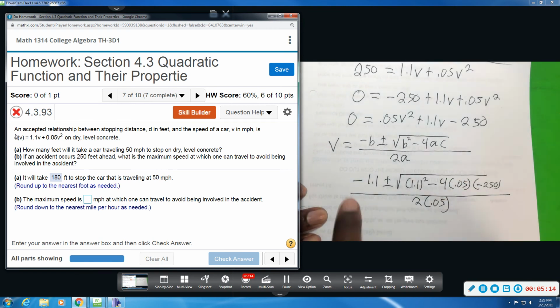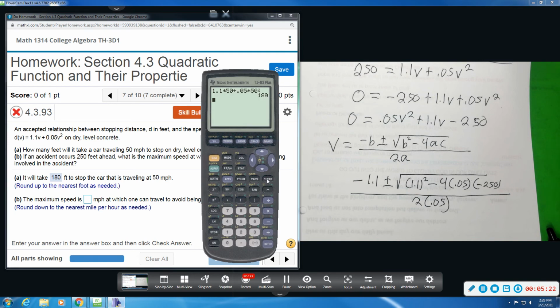All right, so I'm going to let the calculator handle all of the heavy lifting from here. In parentheses, I'm going to do my numerator. So I'm going to open parentheses, and I'm going to do a negative 1.1. I can't do plus or minus, so I just do one at a time. So I'm going to do plus first, and then square root.